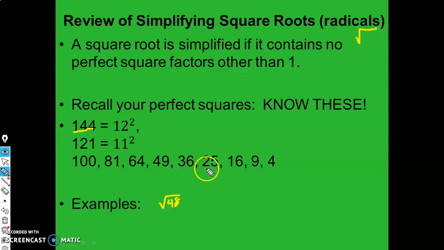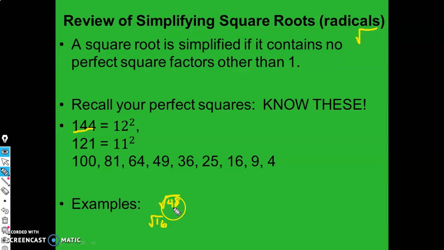Alright, so you might be wondering which one it is. Well, it has to be less than 48, and you want to try to pick the largest one. You might have to play around with it, but 16 is the largest perfect square factor in 48.